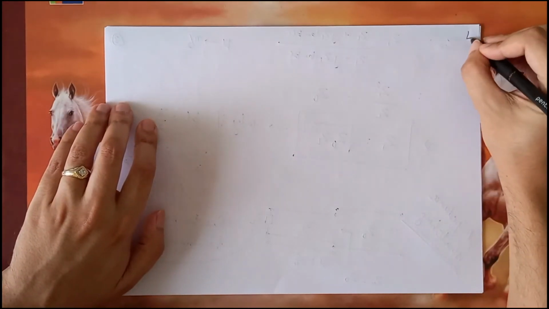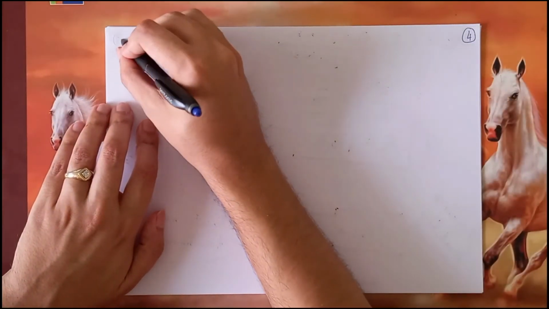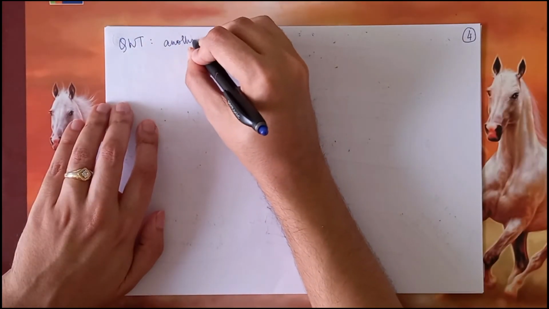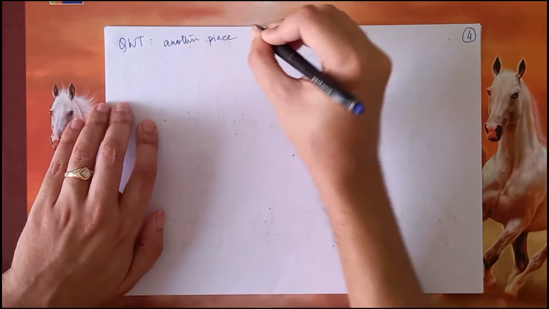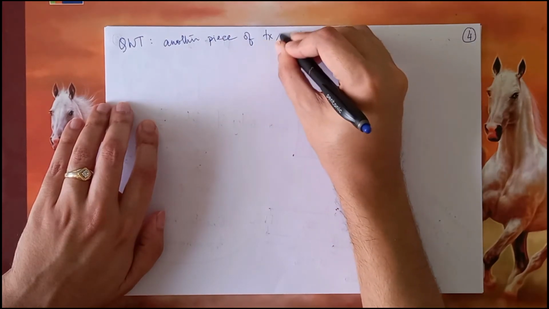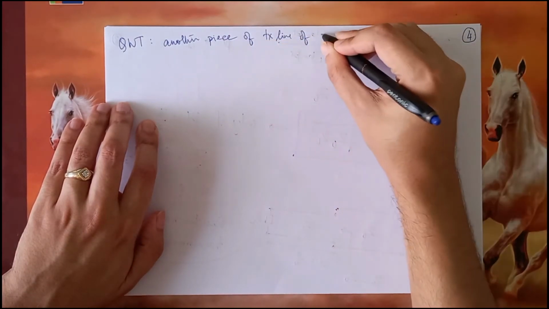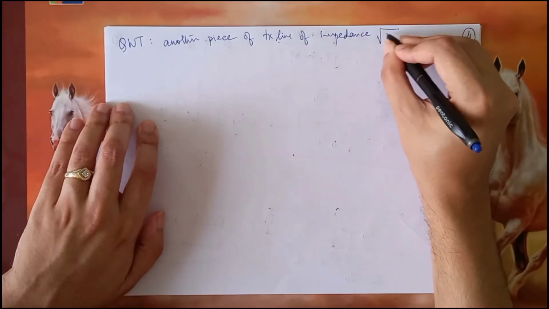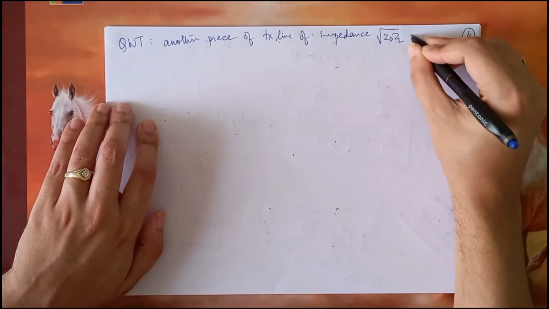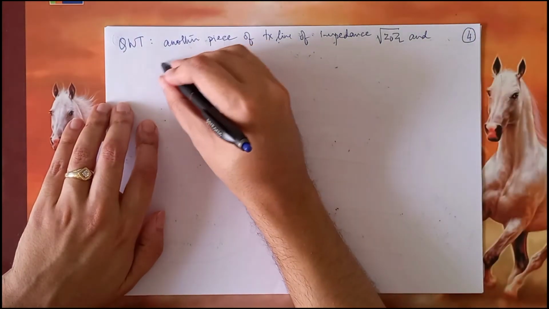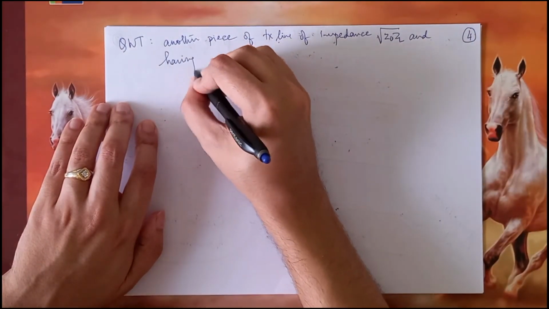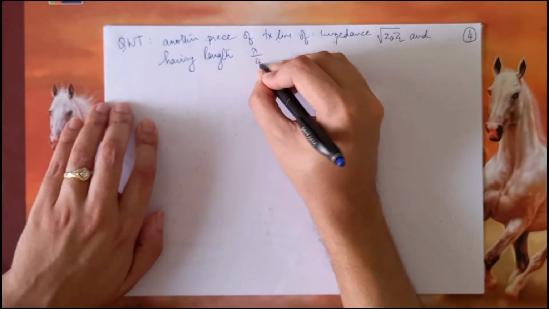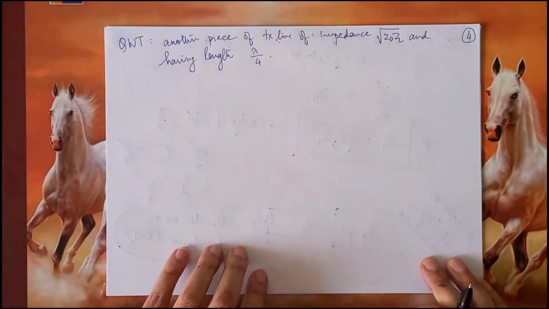So let us quickly note down what we have learned. Having length lambda by 4.